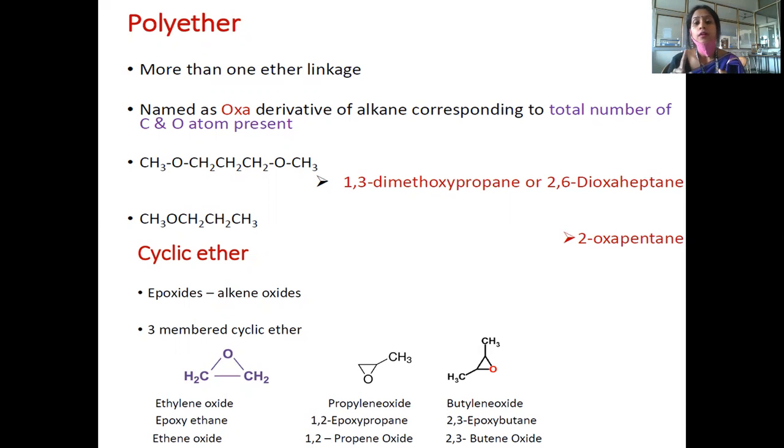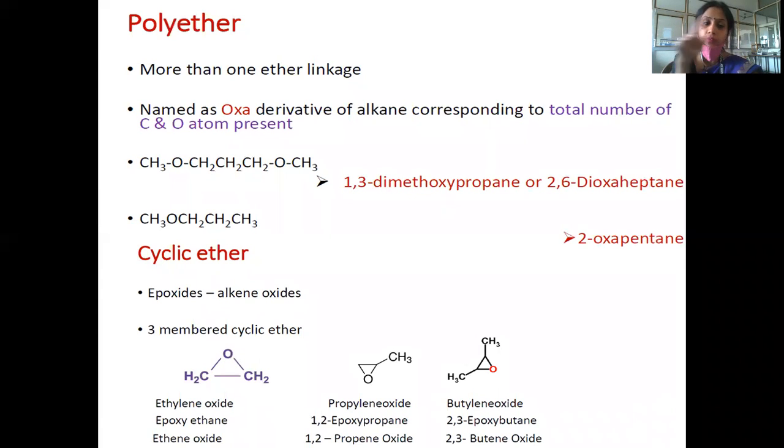We will name it dioxa because two ether functional groups are present, so dioxaheptane. In the next example, there are 1, 2, 3, 4 carbon atoms but 1 oxygen atom, so 5. So it will be pentane, 2-oxapentane.